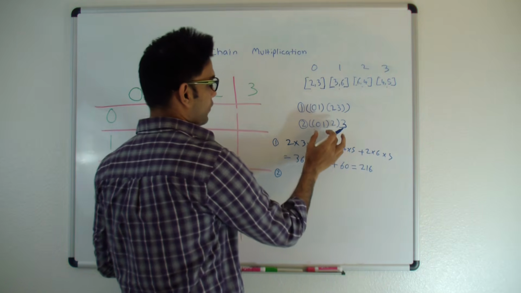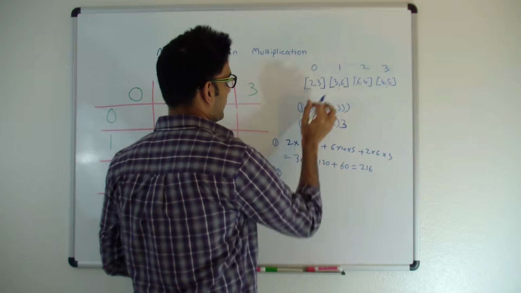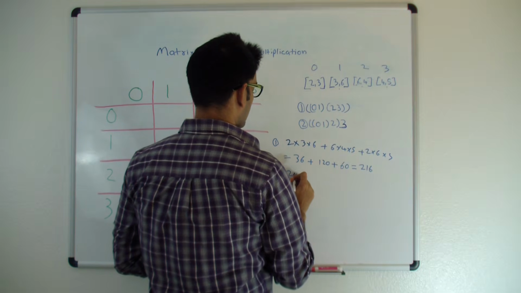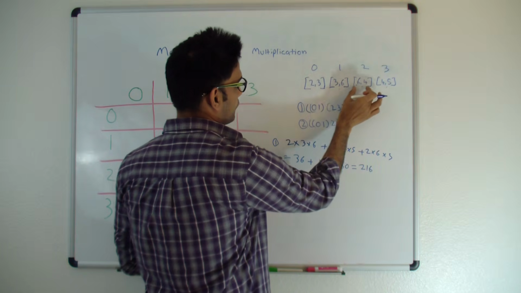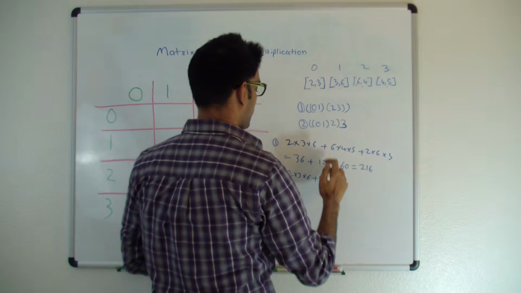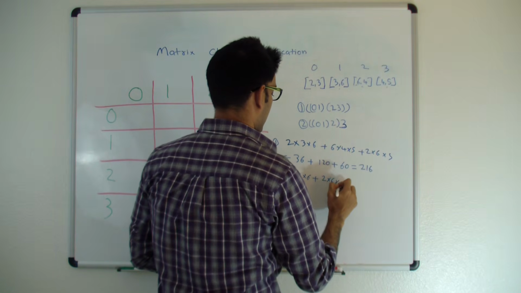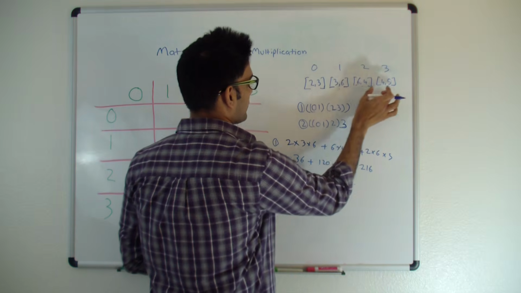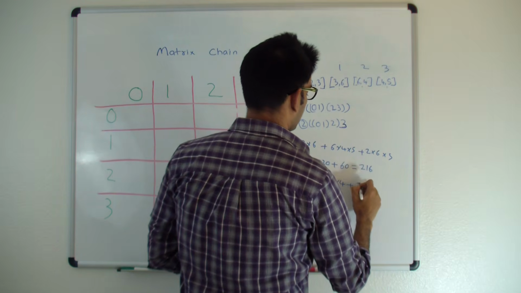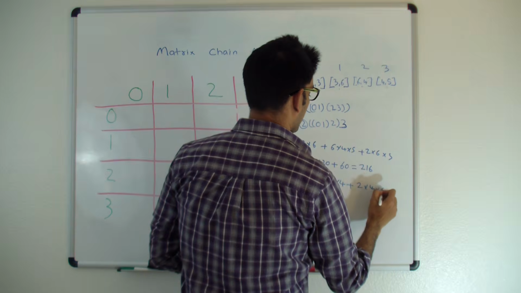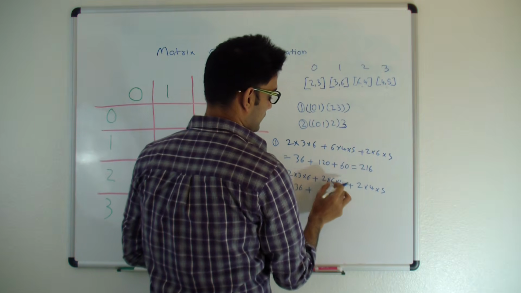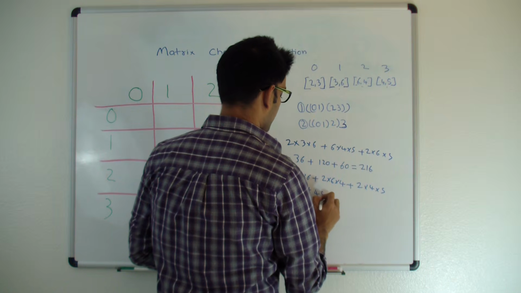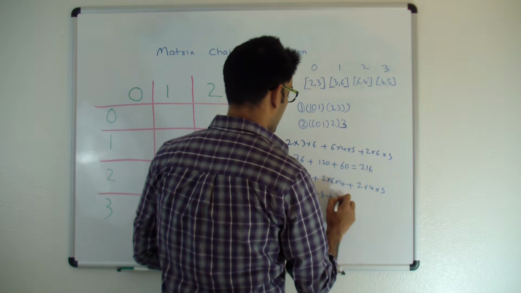Let's see what is the total cost when I multiply in this order. Let's multiply 0 and 1 first. So 2 into 3 into 6, plus the result of this with this, so 2 into 6 into 4, plus the result of this with this, so 2 into 4 into 5. So this is 36 plus 48 plus 40.